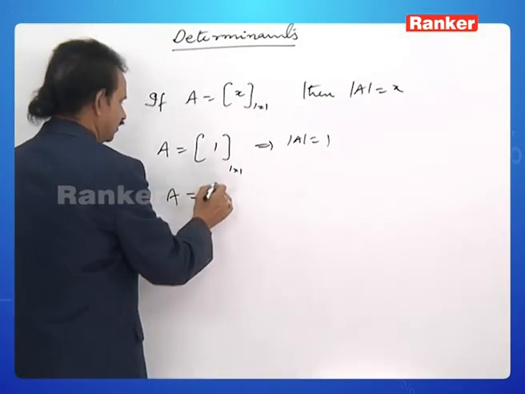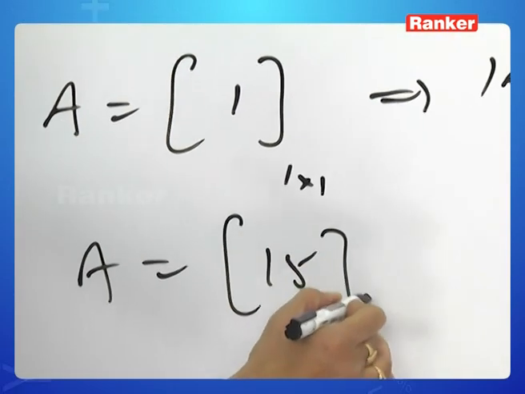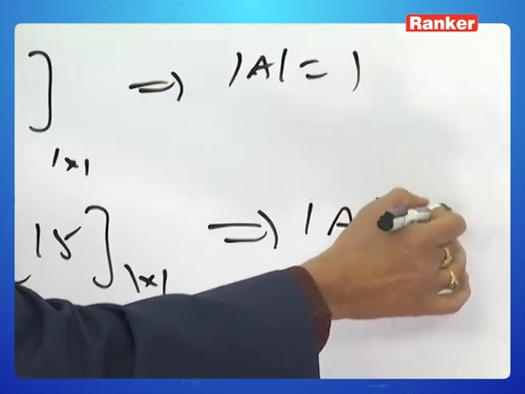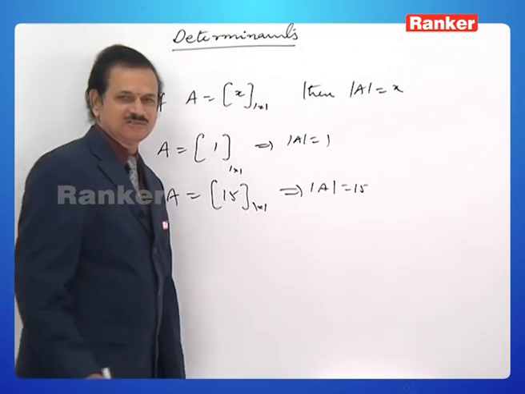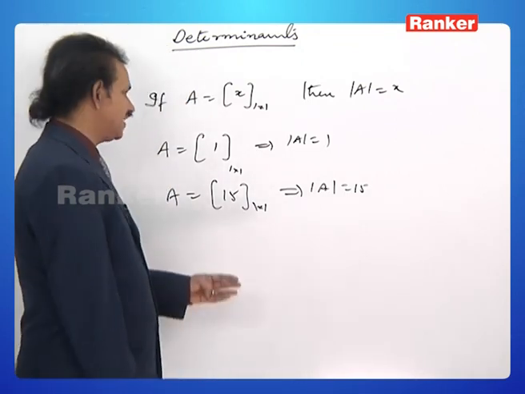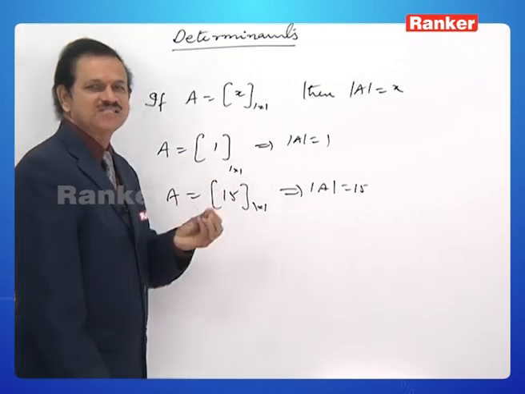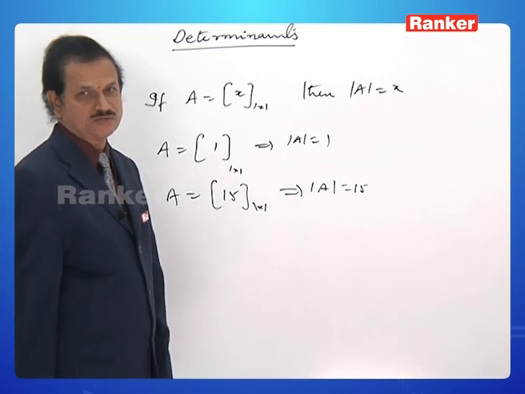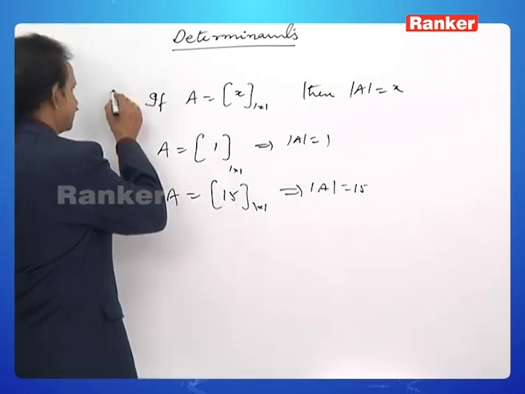If A is equal to 15, 1 by 1, then det A is 15. So there is no separate procedure to find the determinant of a matrix of this form. We just take the element present in it. That gives you the determinant. This is the first case.